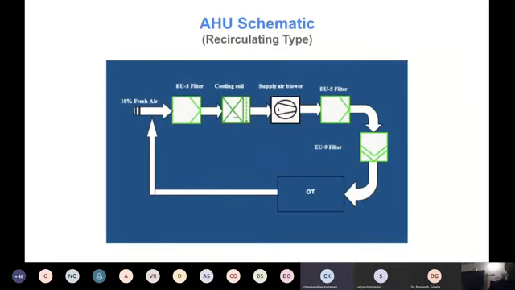HEPA filters are fit in the terminal, and nowadays, due to the transition in infection, ULPA filters are used because they can arrest particles up to 0.15 micron, and it has been recorded that coronavirus is 0.2 micrometer.